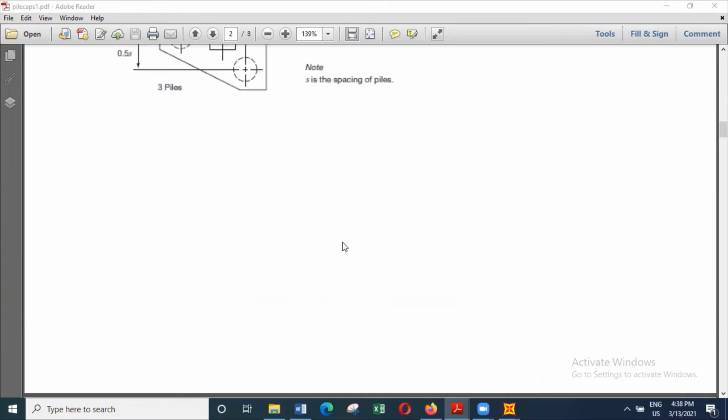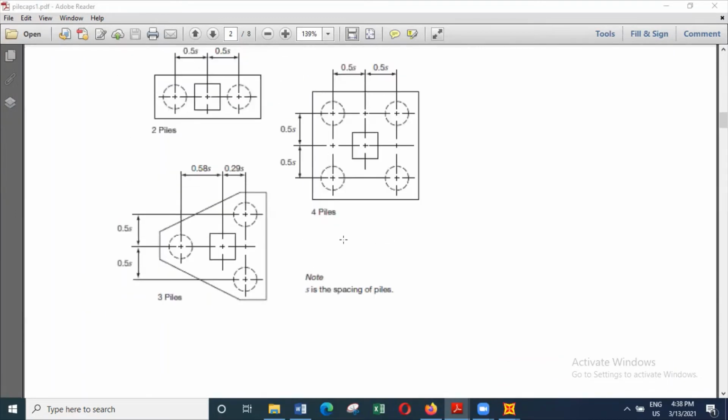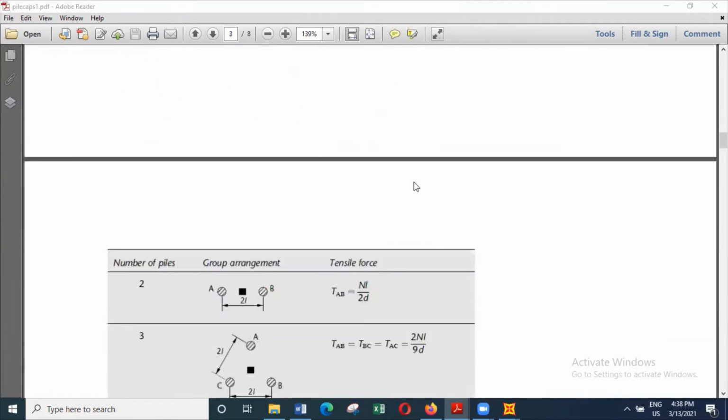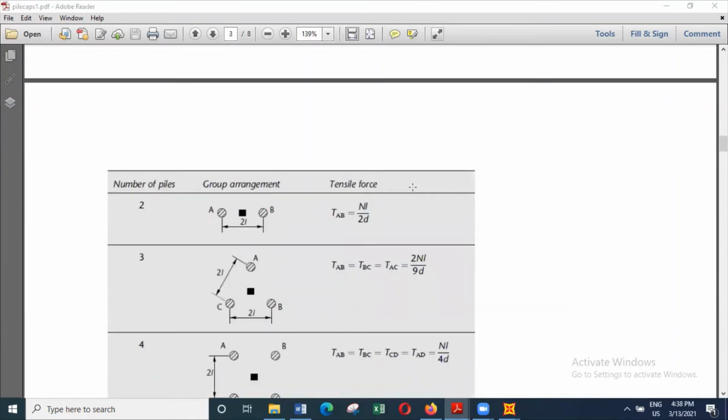Then, when you go with the strut and tie model, to determine the force in the tie, there are simplified equations that have already been derived, where T is a function of NL over 2D.